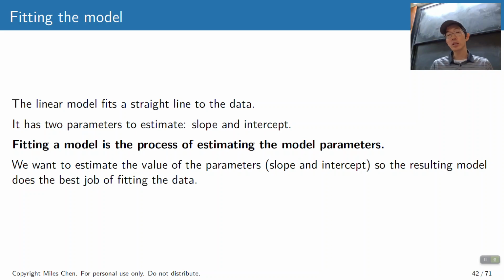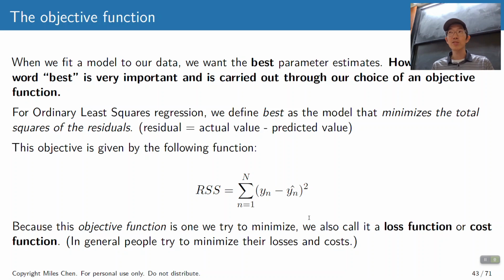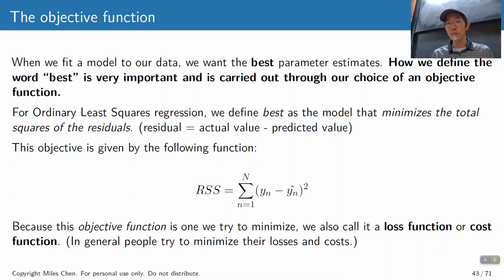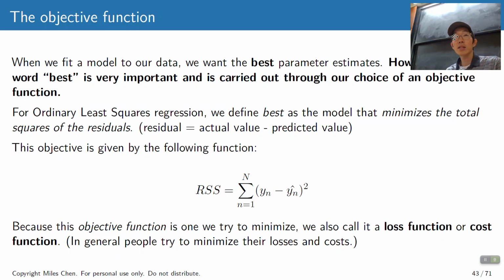So what does it mean to say this line does the best job? We want the best parameter estimates, and how we define what best means is very important, and that's going to determine what we call the objective function. The objective function is the function that defines the goal that we're trying to either maximize or minimize.